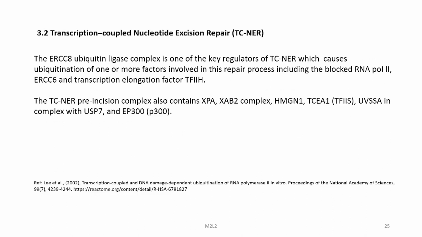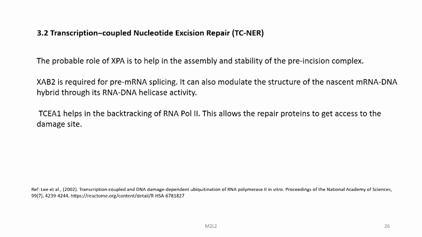The ERCC8 ubiquitin ligase complex is one of the key regulators of TC-NER, which causes ubiquitination of some of the factors involved in this repair process, including the blocked RNA Pol II, ERCC6 and transcription elongation factor TFIIH. The TC-NER pre-incision complex also contains XPA, the XAB2 complex, HMGN1, TCEA1, UVSSA in complex with USP7, and EP300.